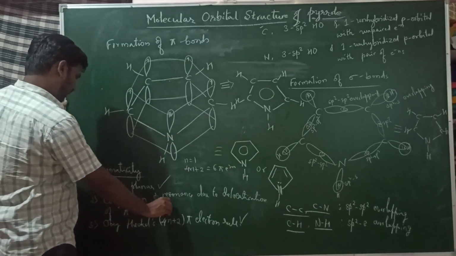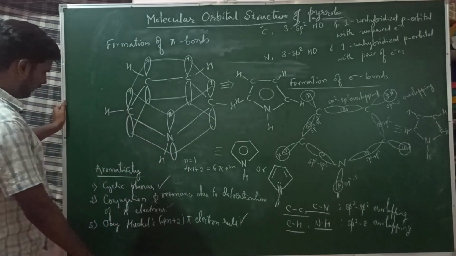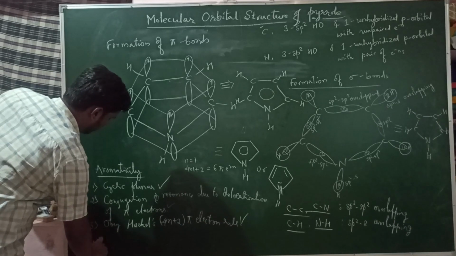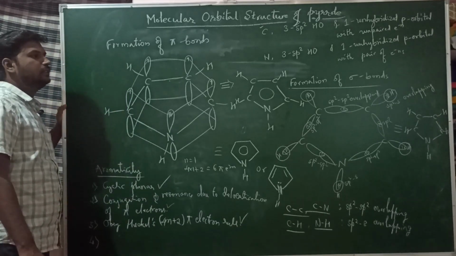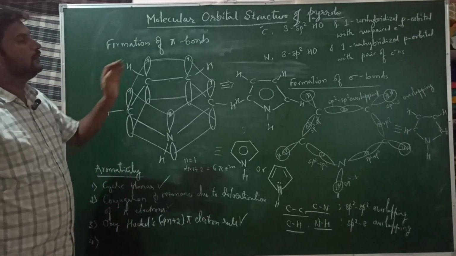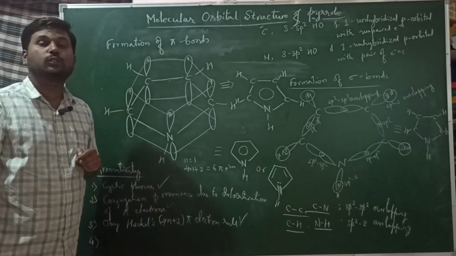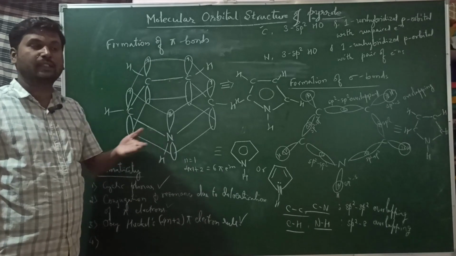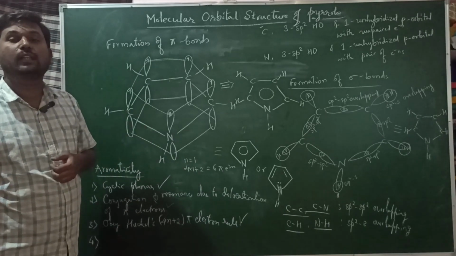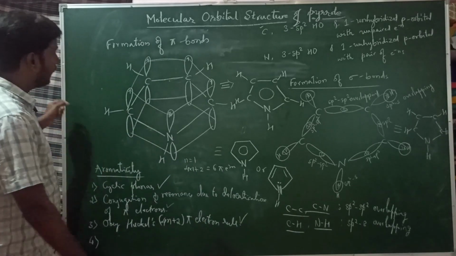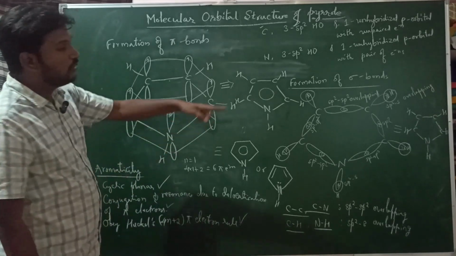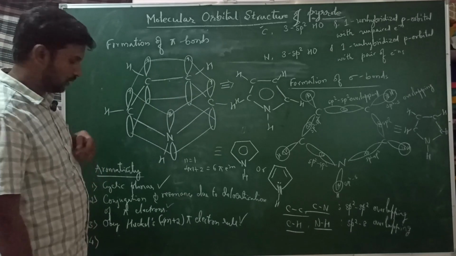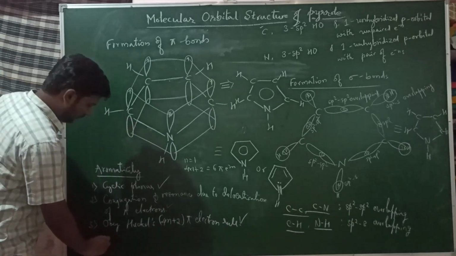So the first, second and third criteria have been fulfilled, and the fourth is the presence of at least one hydrogen, because if it has to be aromatic, it should show its properties like reactivity, that is electrophilic substitution. How many hydrogens are there? Totally there are 5 hydrogens; in the formula itself we had 5 hydrogens.